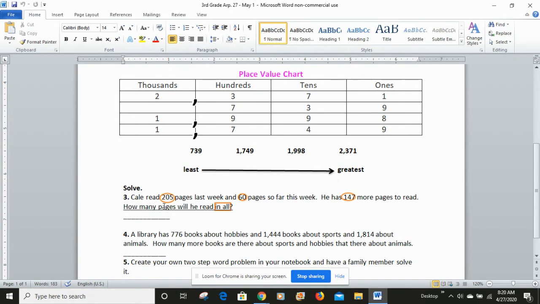So it says Cale read 205 pages last week and 60 pages so far this week. He has 147 more pages to read. How many pages will he read in all? Now, we probably could have boxed more, but I think in all is the most important word here that'll tell us what we need to do.